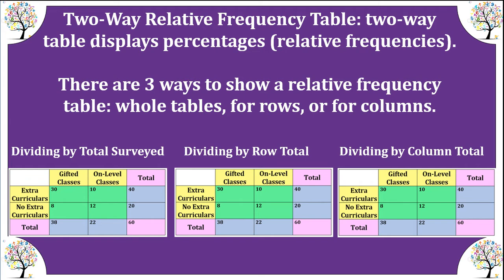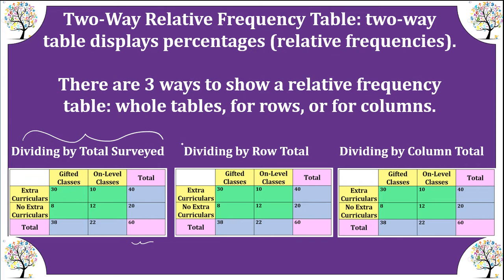So we are going to divide our two-way tables into three other tables. We have the regular frequency table that we just looked at, and then we are going to have a table with the same data, but we are going to calculate the percentages using the total. So this is dividing by the total survey.